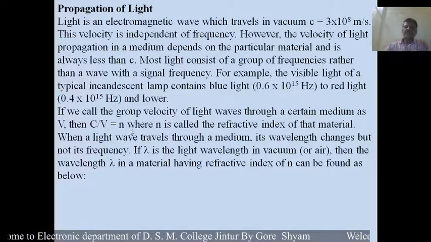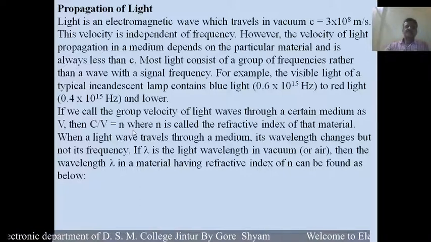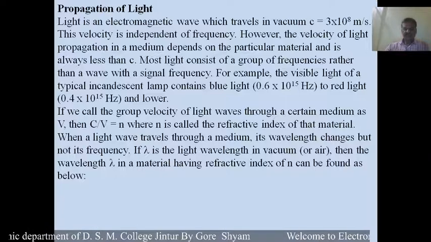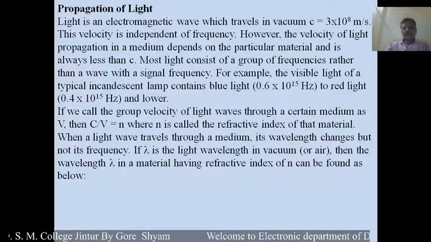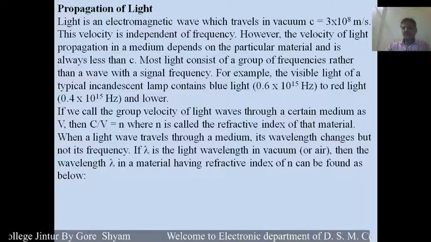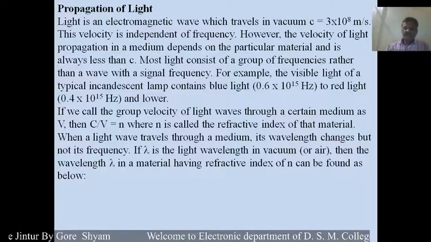When light travels through a medium, its wavelength changes but its frequency does not change. If lambda is the wavelength of light in vacuum, then the wavelength in a material of refractive index n can be found like this. Suppose in the vacuum, lambda is the wavelength and lambda is equal to c by f.